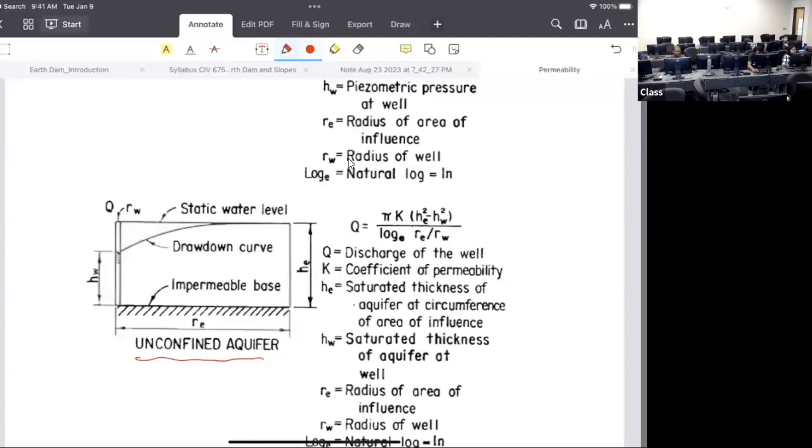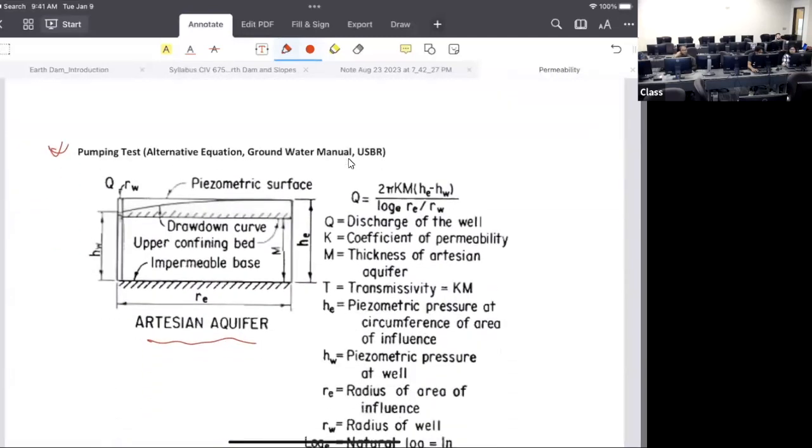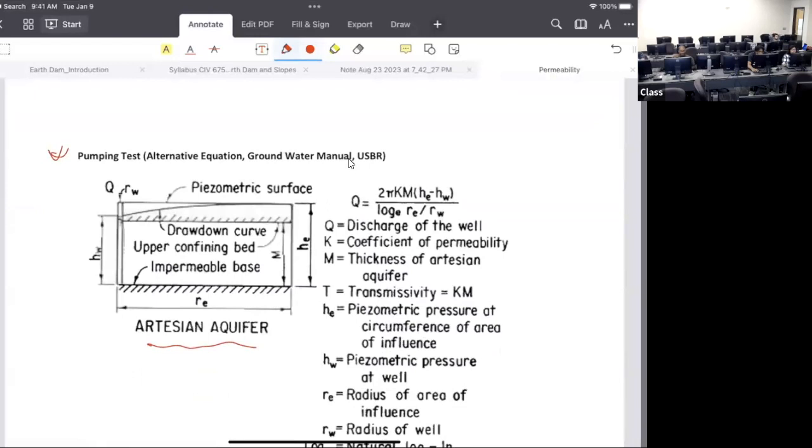Anyway, if we have an artesian aquifer, then what's going to happen is you're pumping the water. K is your permeability, Q is the discharge, and T is the transmissivity, which is K multiplied by M. M is the layer thickness.